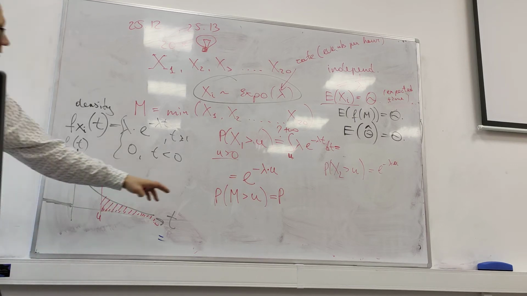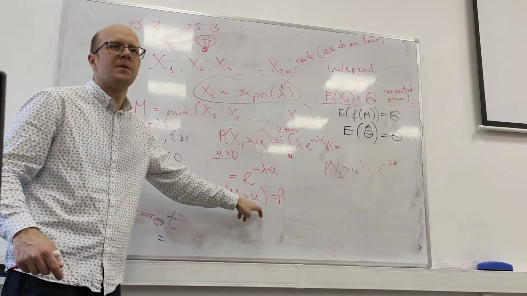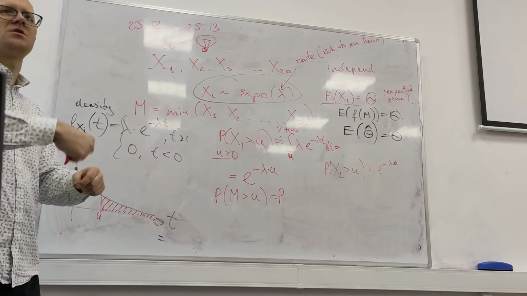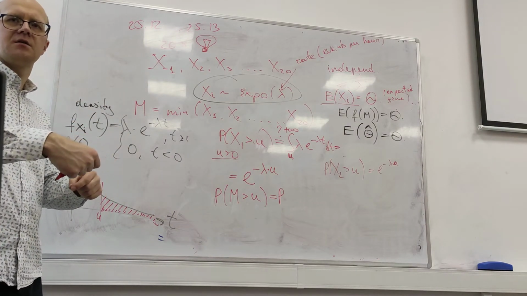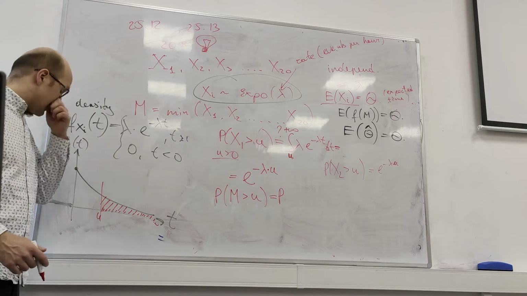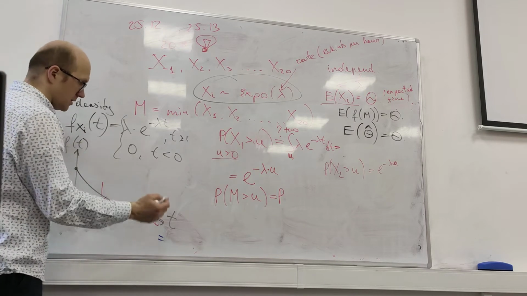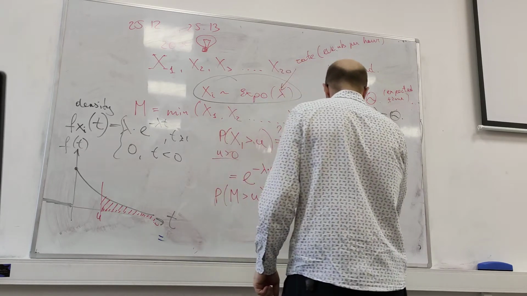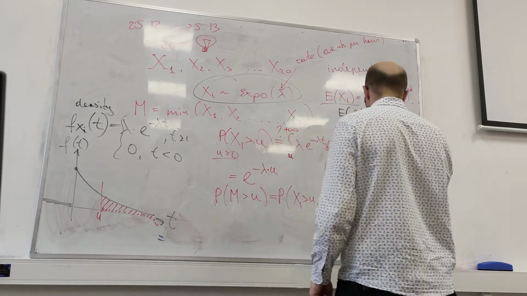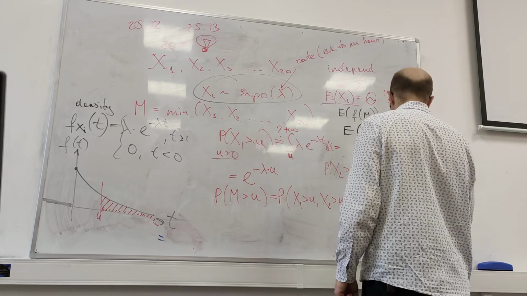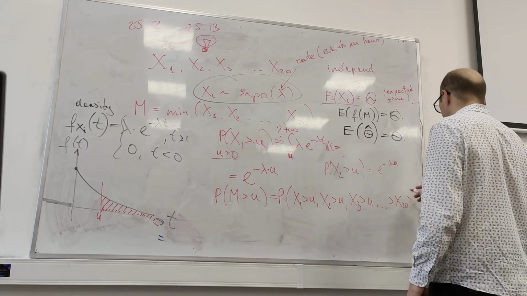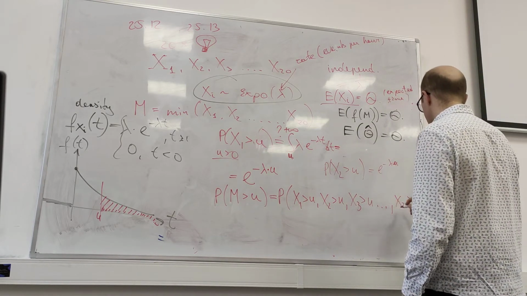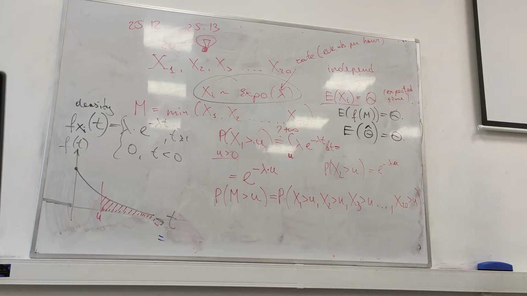So the first x is greater than u, the second x is greater than u, the third x is greater than u, because otherwise, if at least one x is not greater than u, then the minimum will not be greater than u.